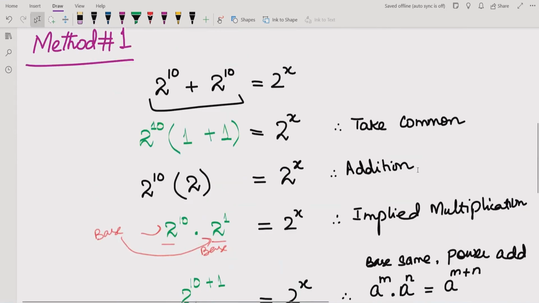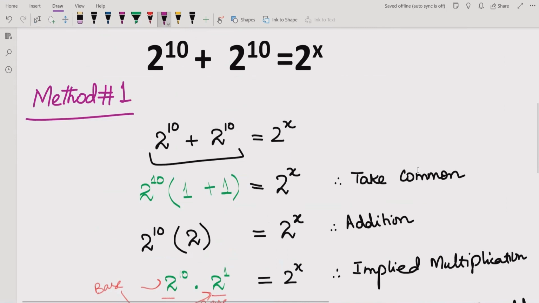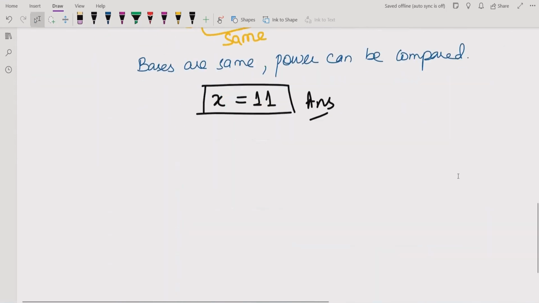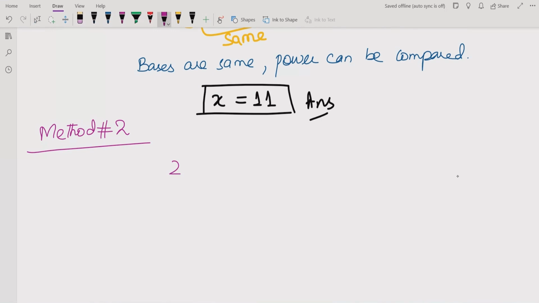Now we have another method, which is a lengthy method, and basically this method is the base to solve this. So now we have 2 raised to power 10 plus 2 raised to power 10 equals 2 raised to power x.